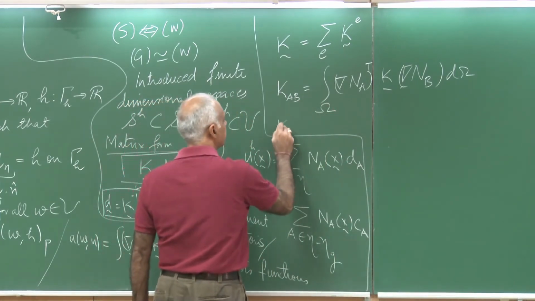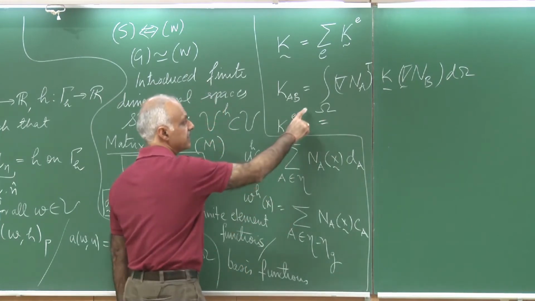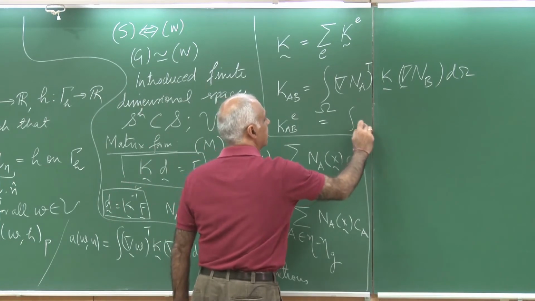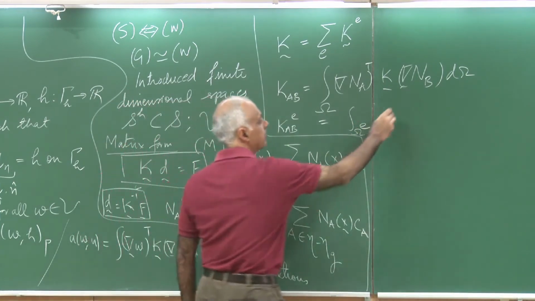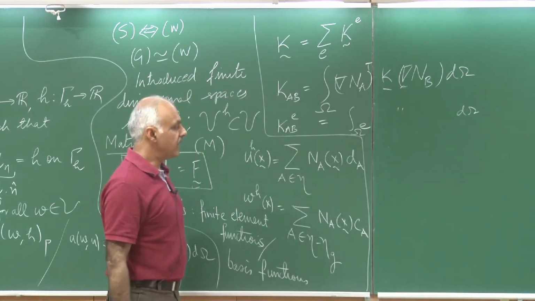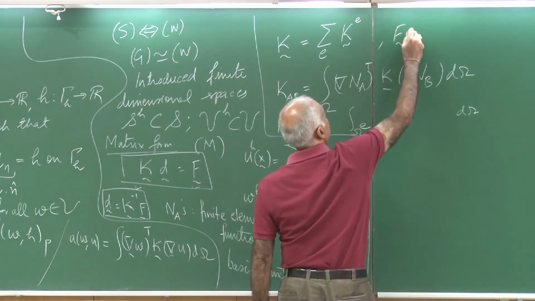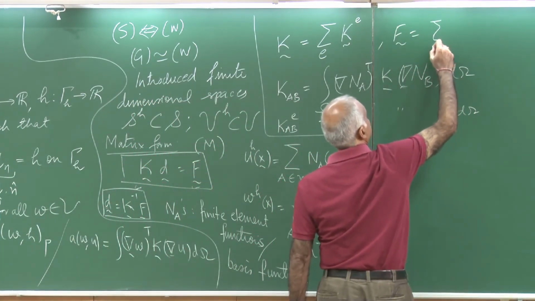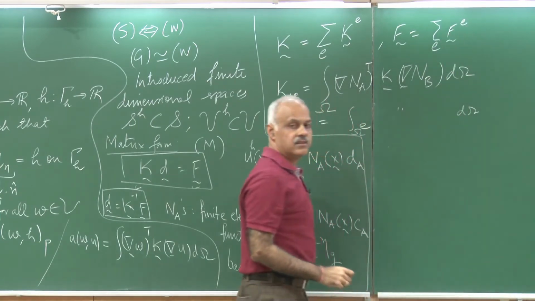We have now introduced Kab E, which essentially is the same integral, but the domain of integration is omega E, and of course everything remains the same. Likewise, we can introduce F and write F as a summation of element level force vectors.